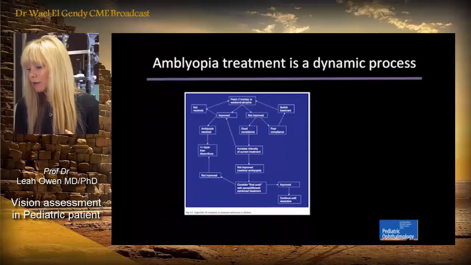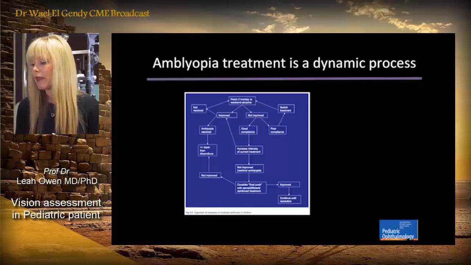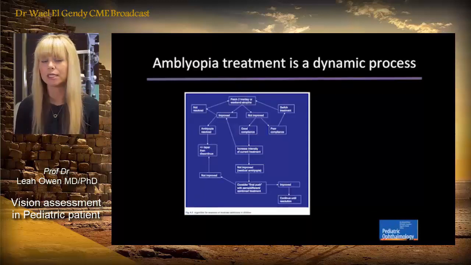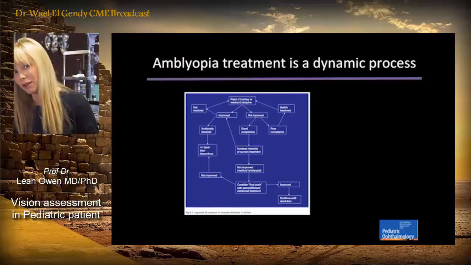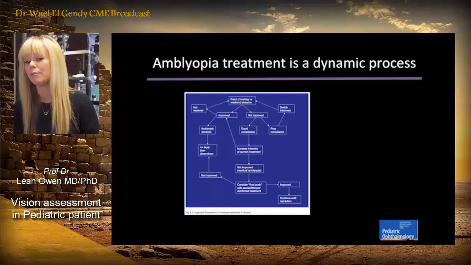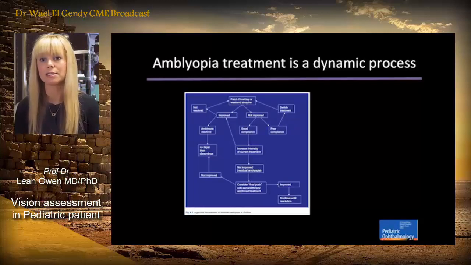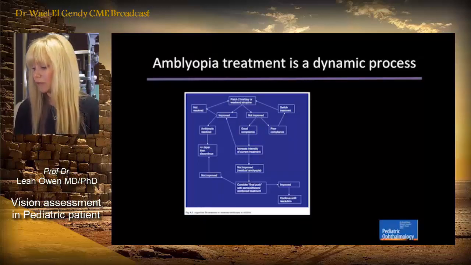We might start with 2 hours of patching or weekend atropine, but then we have to assess how the child's responded, if we need to increase our therapy, if their amblyopia has resolved, if they're non-compliant with therapy and that's why it's not working, maybe changing treatment modalities to fit the nature of the child's cooperation, the family's willingness to do the therapy, etc. And so it's not the same treatment for everyone, and it's a constant reevaluation depending on the things that you're measuring in clinic as far as how much improvement you're seeing, but also how compliant the patient and family can be with your treatment.